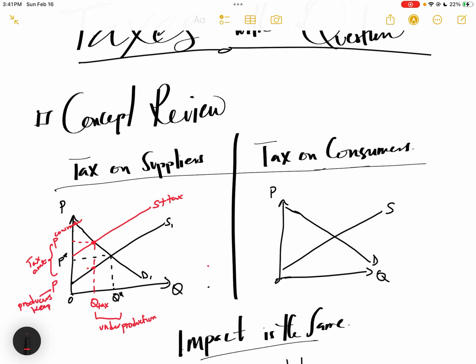Producers keep that. All right. So the difference between the price consumers are paying and the price producers are keeping is that tax amount.